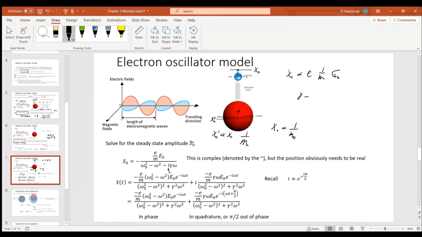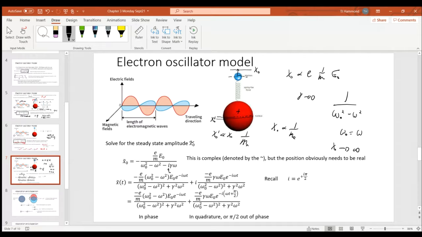So if we set gamma to 0, we have this omega naught squared minus omega squared denominator. So if we're on resonance, so if omega naught equals omega, then this x naught blows up. It goes to infinity.